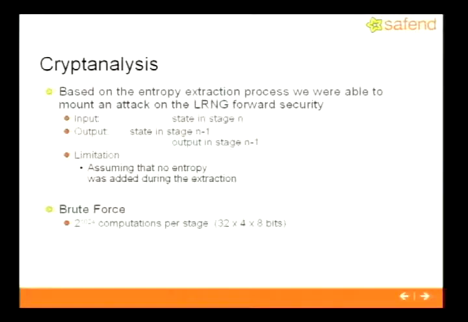So the input of my attack is the state in stage N, and the output of my attack is the state in stage N-1, and of course also the output in state N-1. And I can run it for several times. Also, this attack is limited with the fact that I assume that during the attack there is no entropy addition during that time.